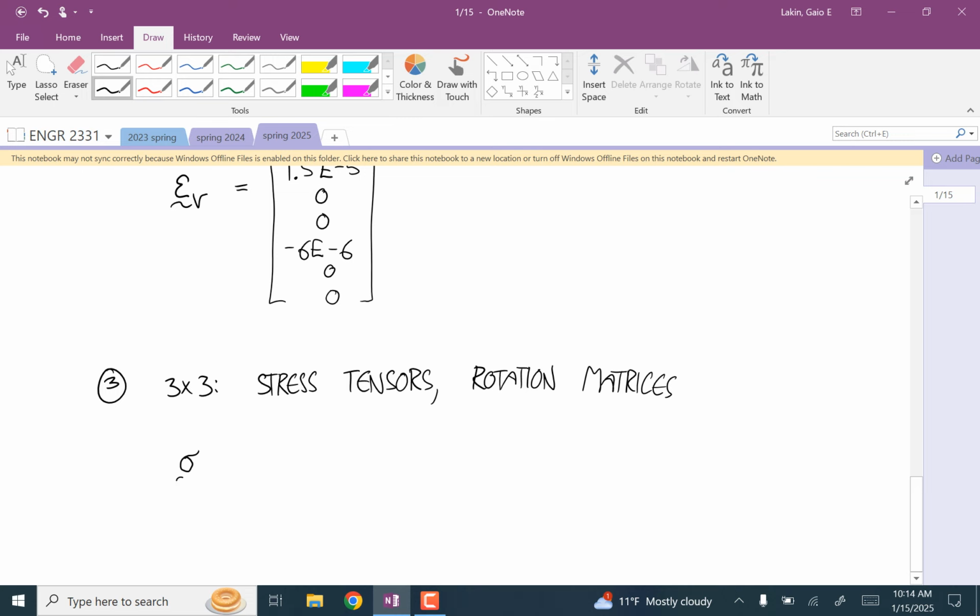So the stress tensor is a sigma with an undersquiggle, and a possible stress tensor would be like 6 times 10 to the 6, 0, negative 8 times 10 to the 7, 0, 5 times 10 to the 7, negative 2 times 10 to the 6, negative 8 times 10 to the 7, negative 2 times 10 to the 6, negative 5 times 10 to the 7.